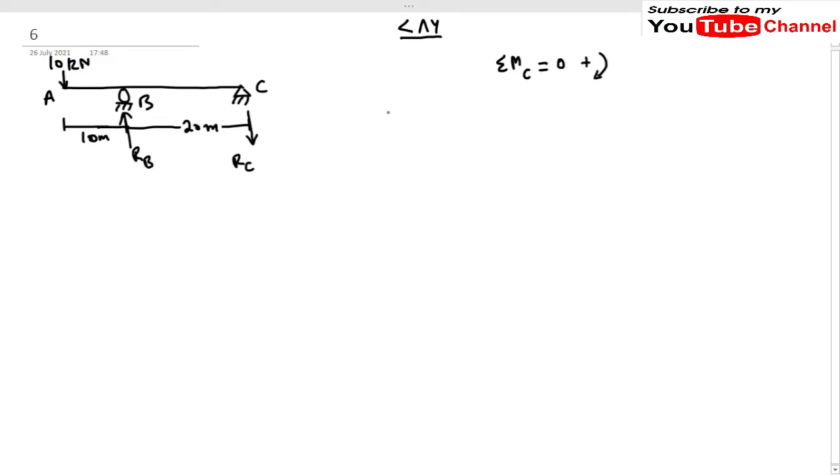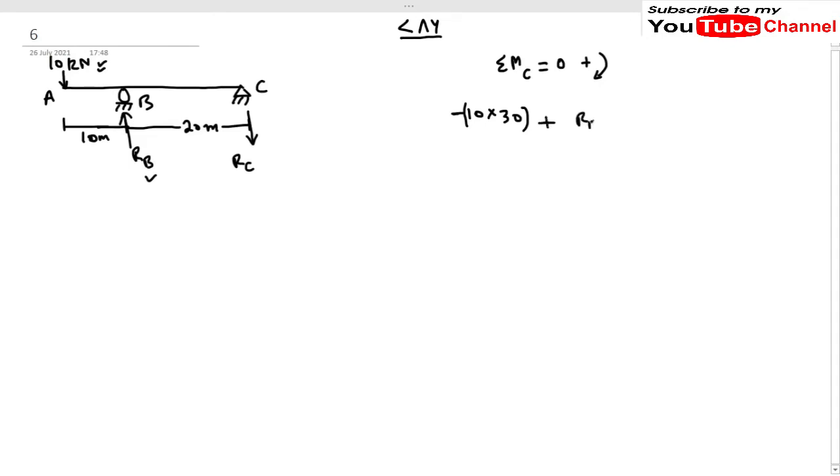First we have the 10 kilonewton force. It is acting anti-clockwise about C, so it will be minus 10 into 30. What is 30? 30 is the distance of this 10 kilonewton force from C. The other force is the reaction RB, acting clockwise about C, so we take it as positive.